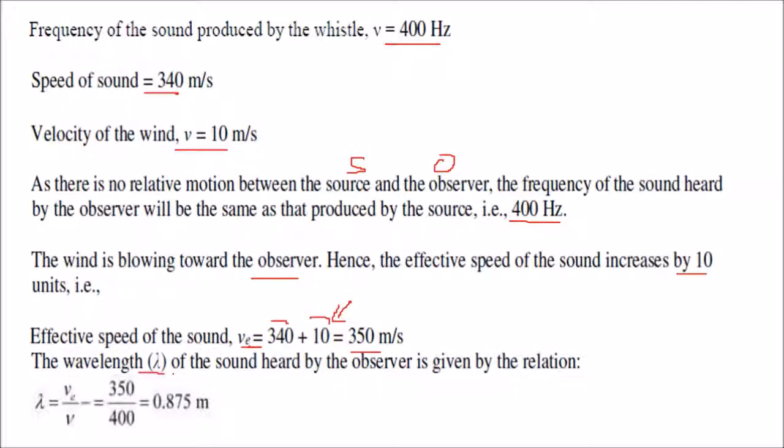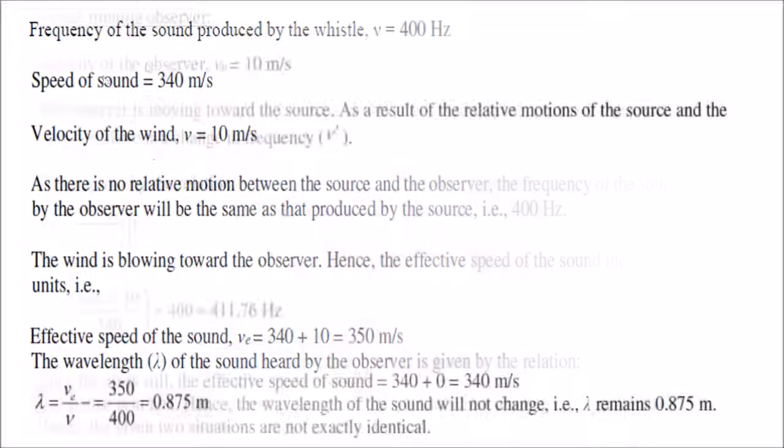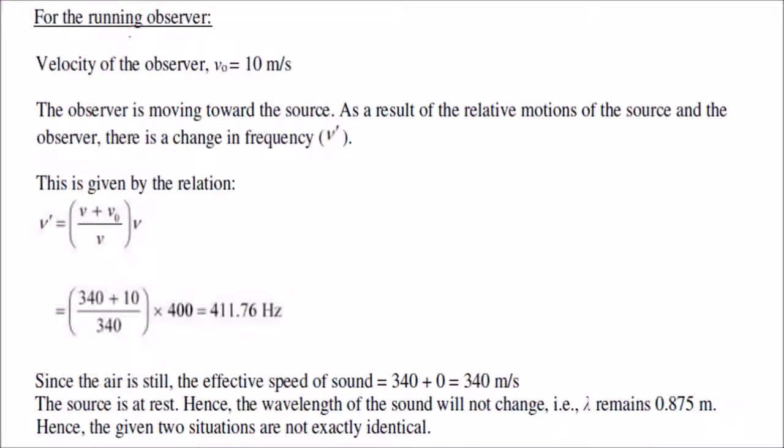Now what will be the wavelength of the sound heard by the observer? We know the wavelength is given by v effective by the frequency, 350 by 400 Hertz. This is 0.875 meter. And if we have a running observer, the velocity of the observer is 10 meter per second.